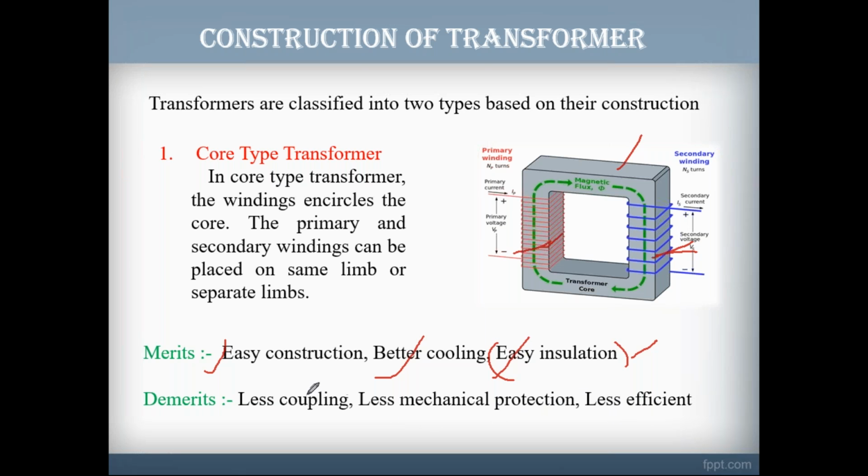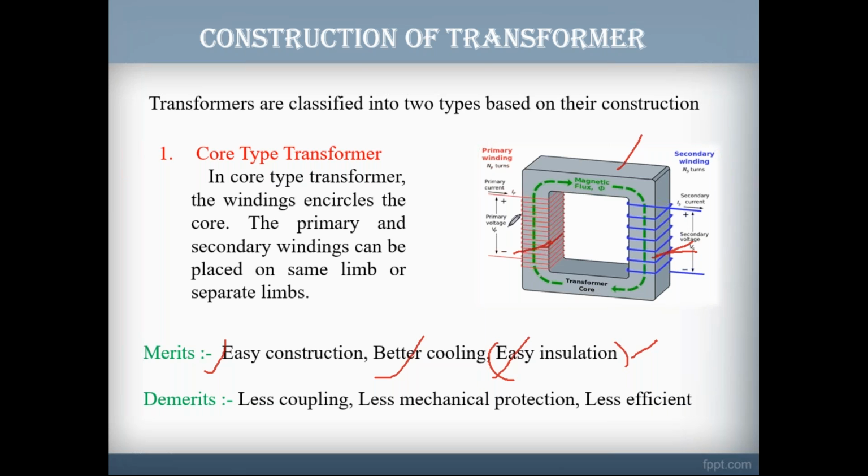Why? Because if you provide the primary and secondary on different limbs, the mechanical support is not good, meaning it is not attached that firmly. So that is given by the mechanical protection, and it is less efficient when compared to the shell type transformer. Why?